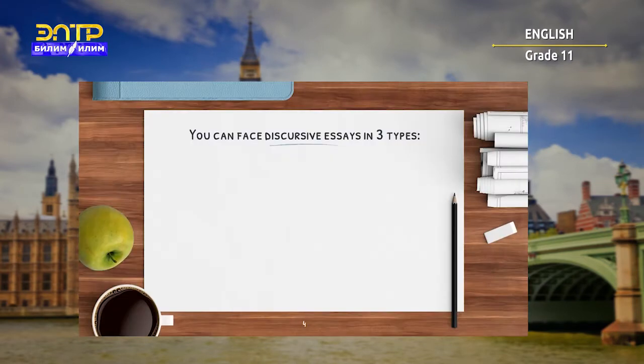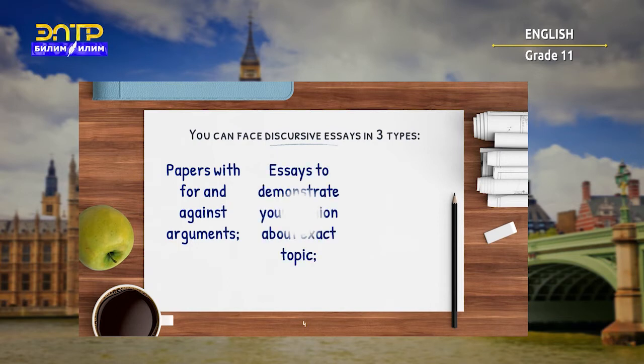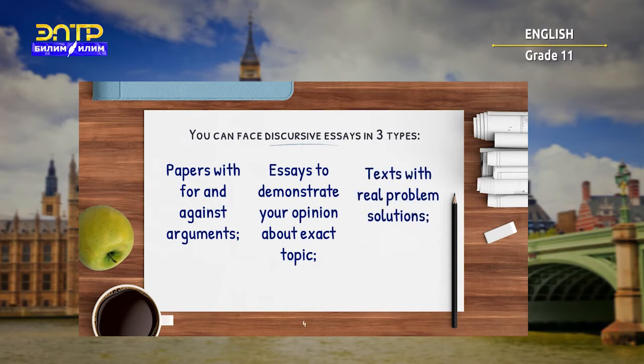You can write a discursive essay in three types, and they are: a paper with for and against arguments, essays to demonstrate your opinion about the exact topic, and text with real problem solutions.